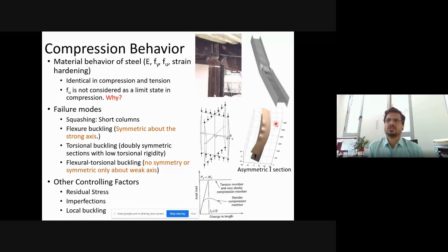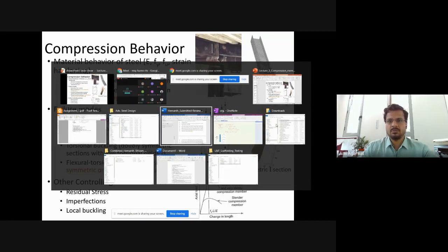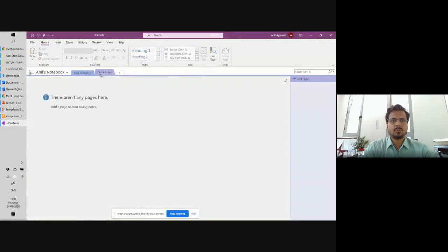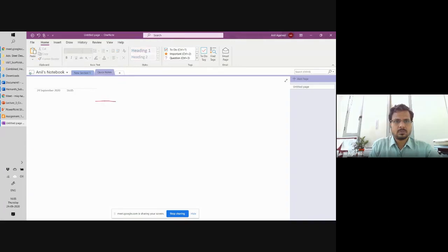As I was discussing, if I buy an I-beam from, let's say, SAIL India or Tata Steel or somebody, and if I look very closely, what I will find is, if I stand at this end and look in this direction, that over a long length, there will be some kind of a curve in these edges.